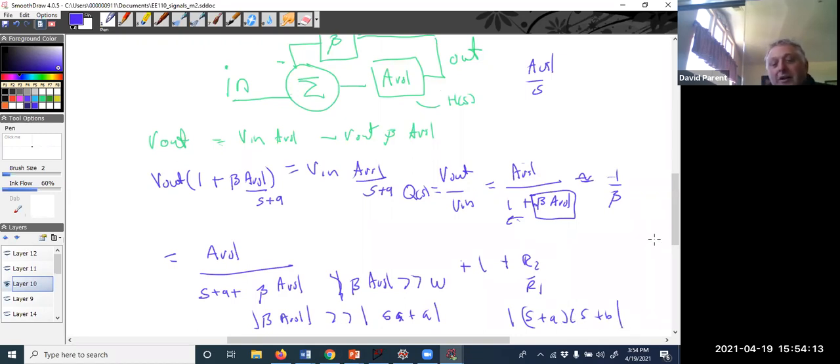All right. So that's all. And once I get the denominator of Q of S, I can use the relations and see is it over, under, or critically damped, right? Which could be that kind of question.